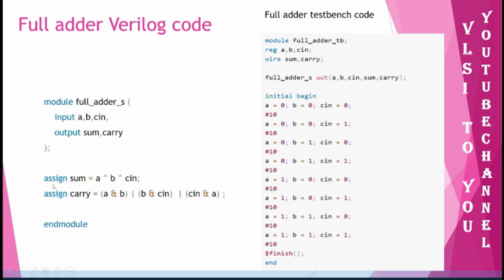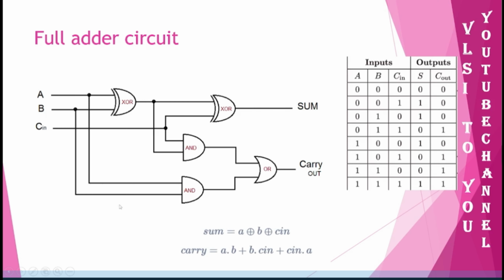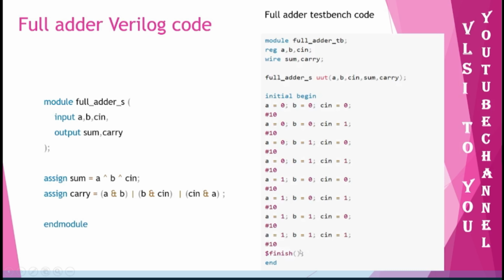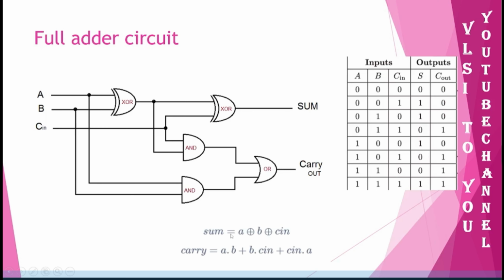Continuous statements, right? If you see here, assign sum equal to A XOR B XOR Cin, carry equal to A dot B dot Cin dot A. So this is the XOR operator. Assign means you are assigning something; this equal to is represented with assign.